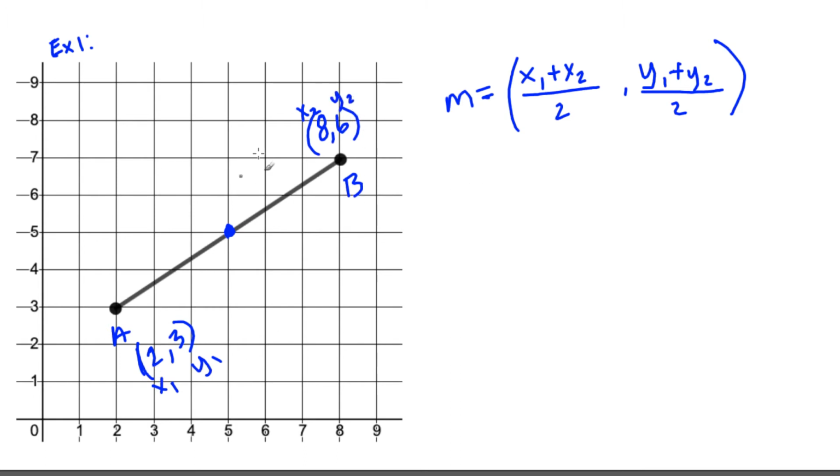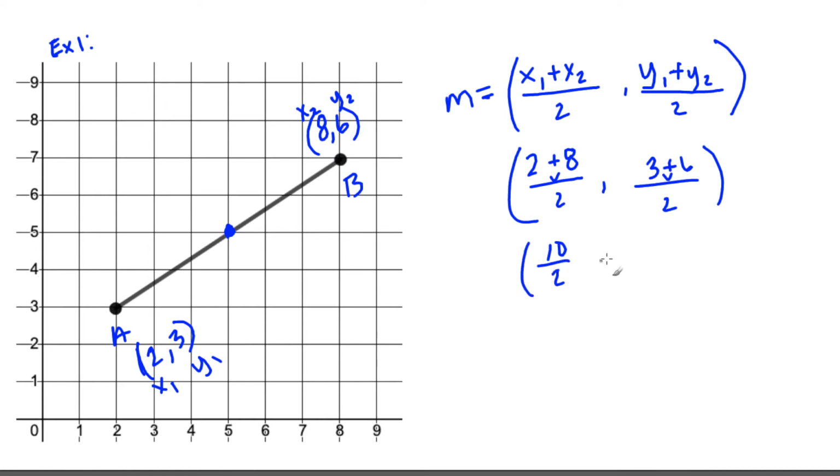So I'm going to add 2 plus 8, and then divide by 2. And then I'm going to add 3 plus 6, and divide by 2. 2 plus 8 is 10, divided by 2. 3 plus 6 is 9.